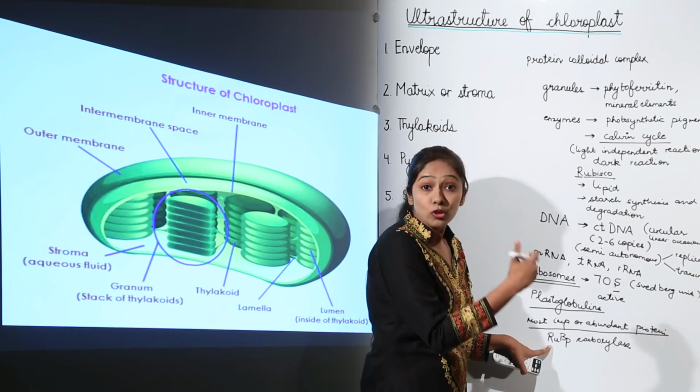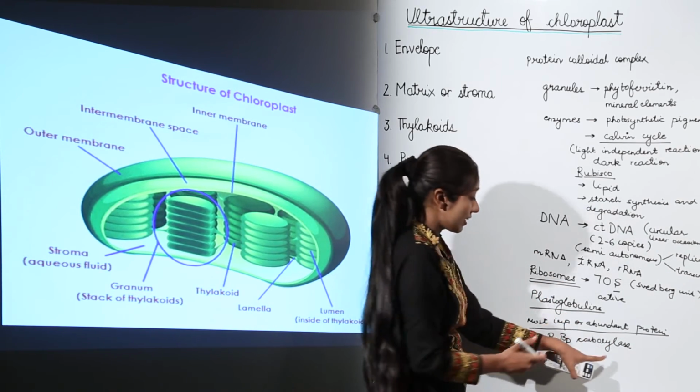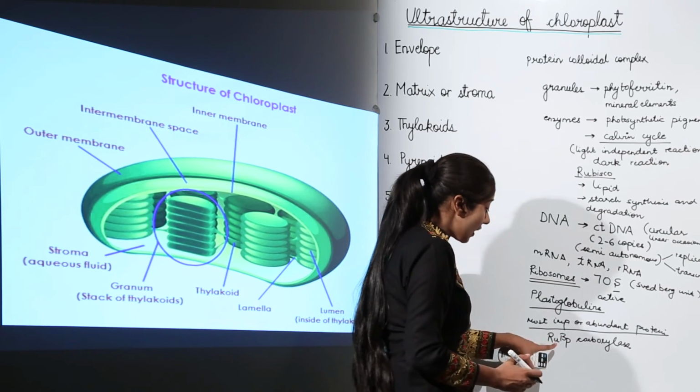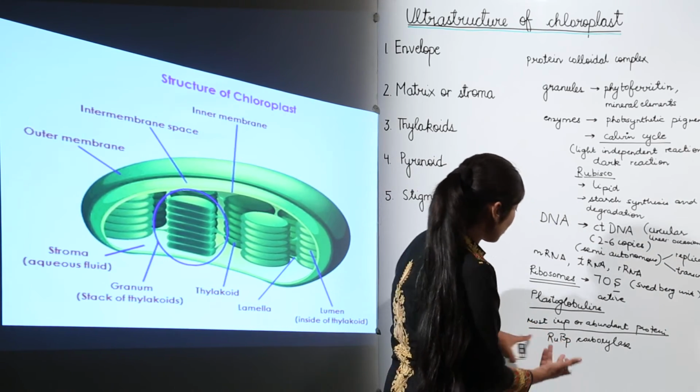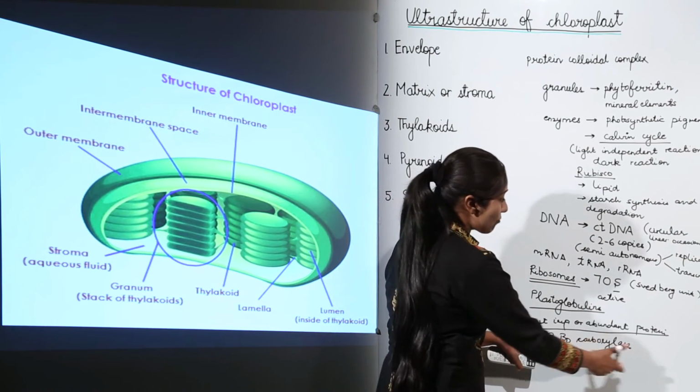This means ribulose biphosphate carboxylase. The full form is ribulose biphosphate carboxylase. You can write it as RUBP carboxylase.